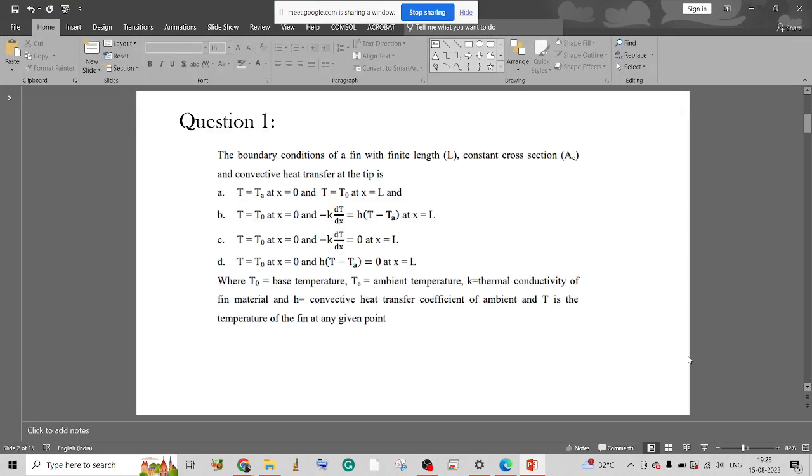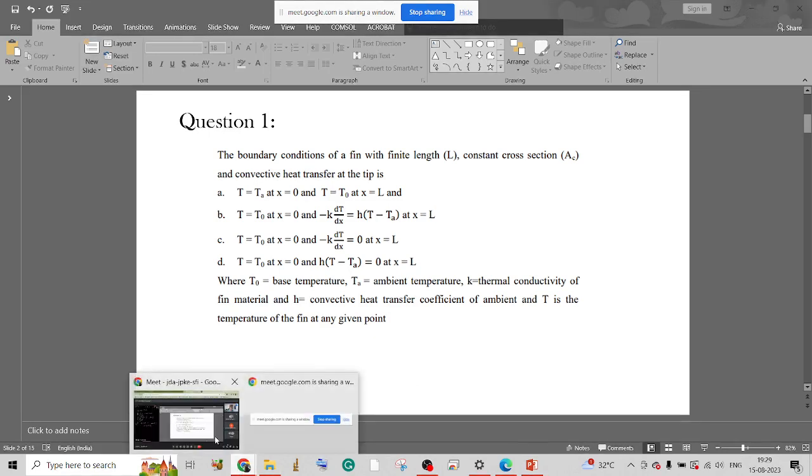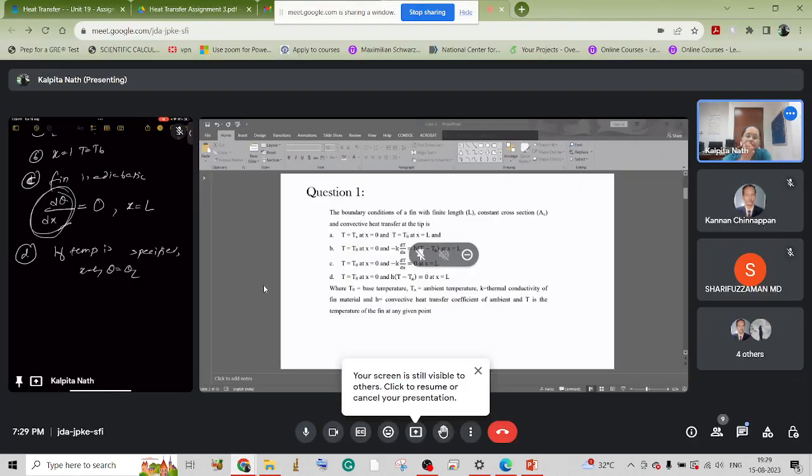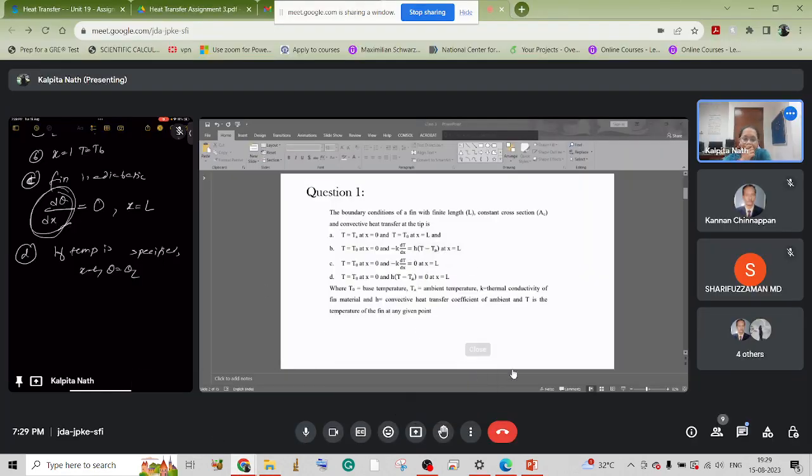So this is the first question that is visible on your screen. We have just studied about this. I think you can answer this. Just tell me which option will be correct here. Anyone?